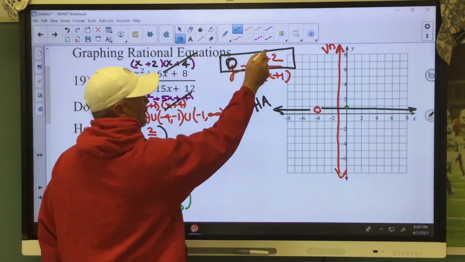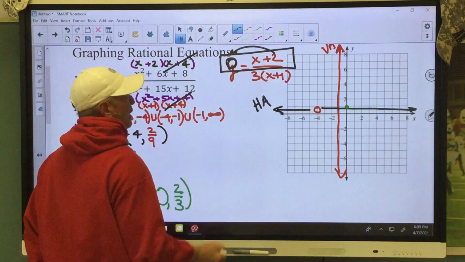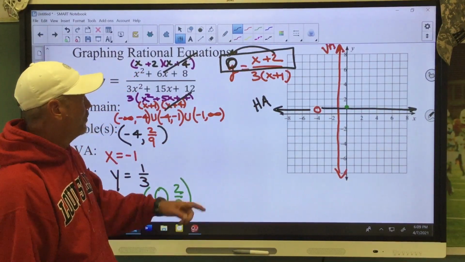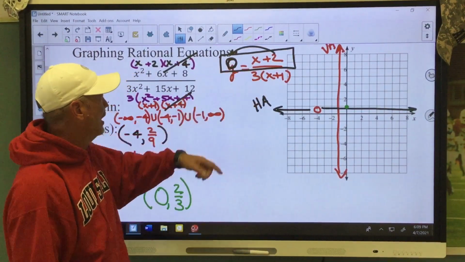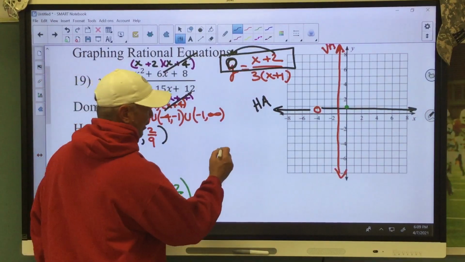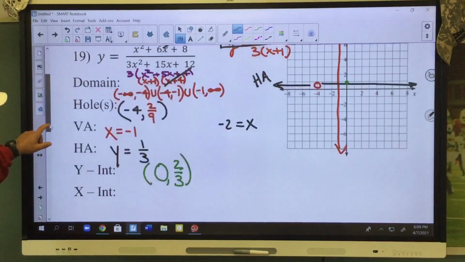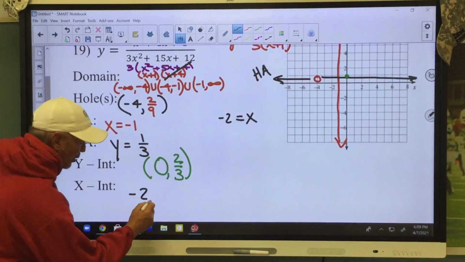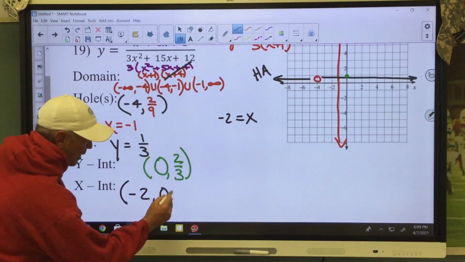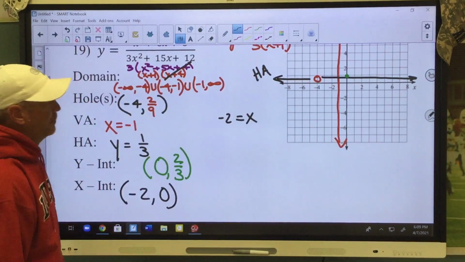When you move the 2 to the other side, you subtract 2, and you get x equals negative 2. So this gives you negative 2, 0. There's your x-intercept.